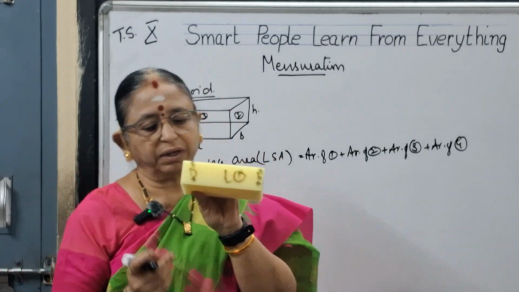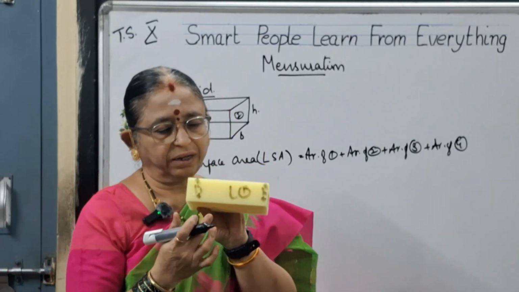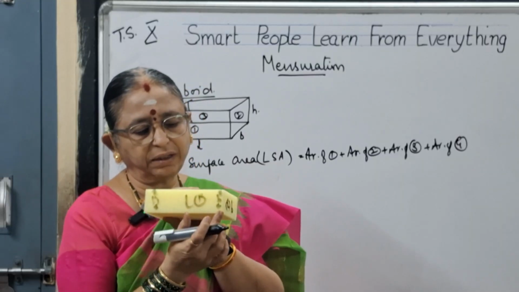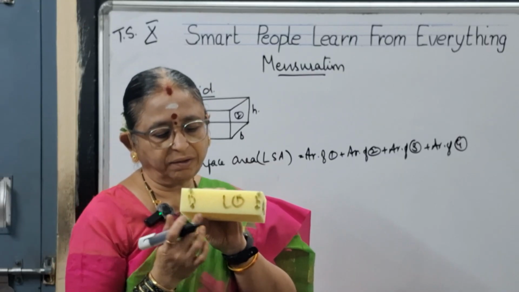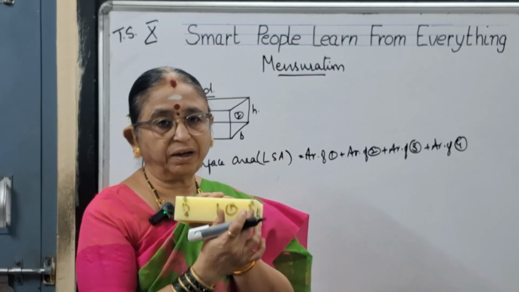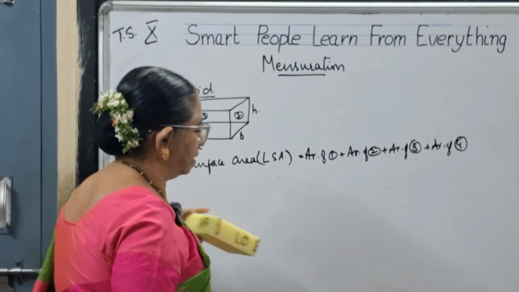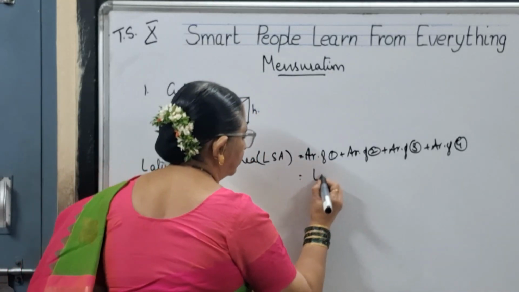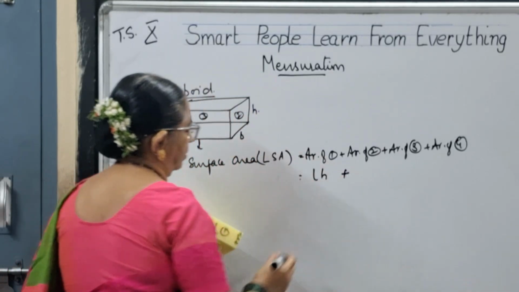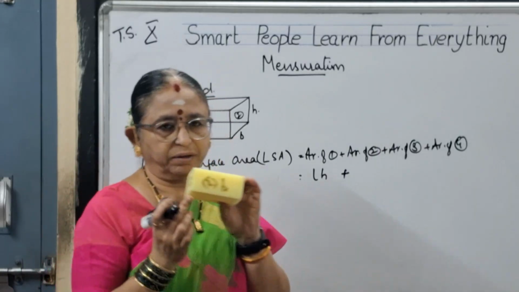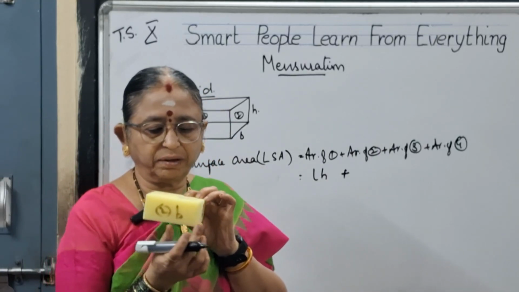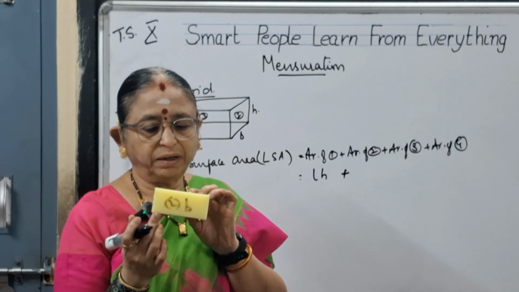Okay, so this is first one. In this, what is area? Area, it is a rectangle. So its area is length into breadth. So this is length, but this is height. So you will be calling it as L into H plus. This is second one. This is also a small rectangle.